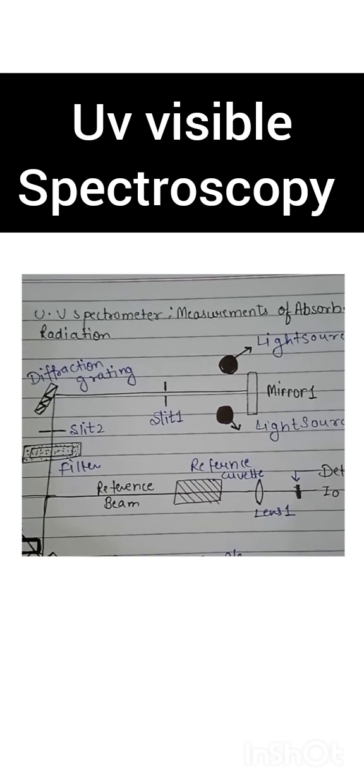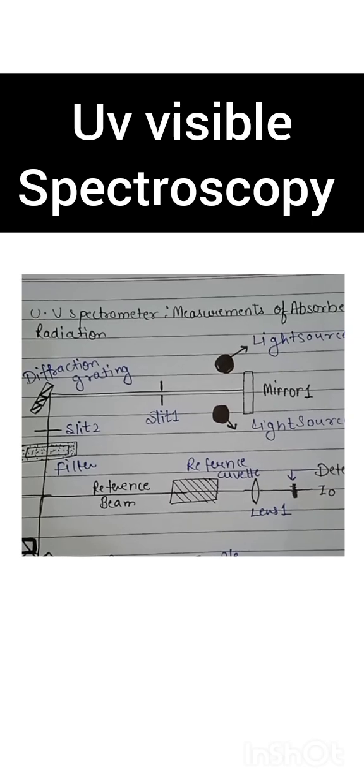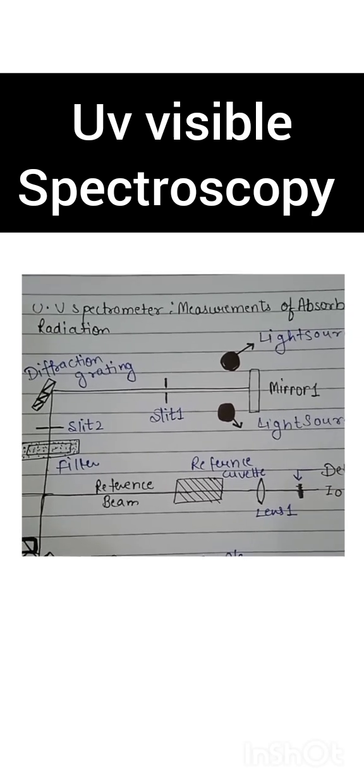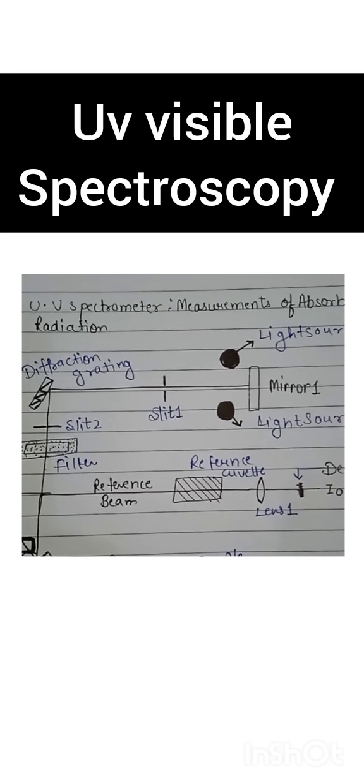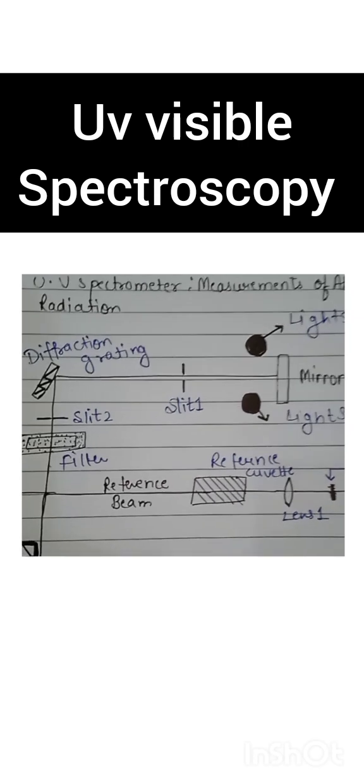The reference sample, commonly called a blank, is the same type of cuvette filled with the solvent used to dilute the samples. And the reference cuvette is used to cancel out the absorbance due to the stock solution.